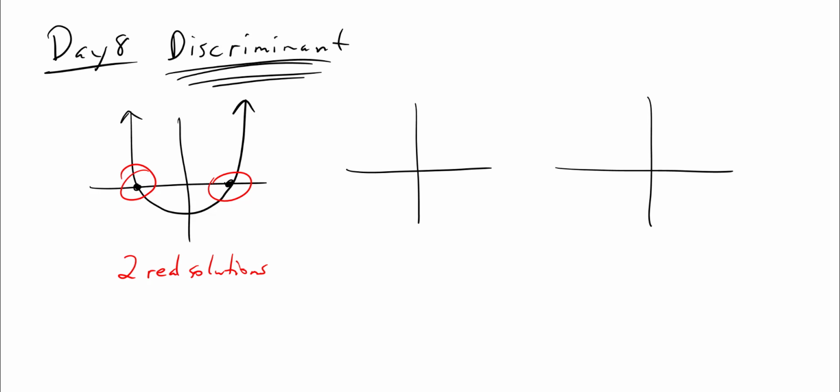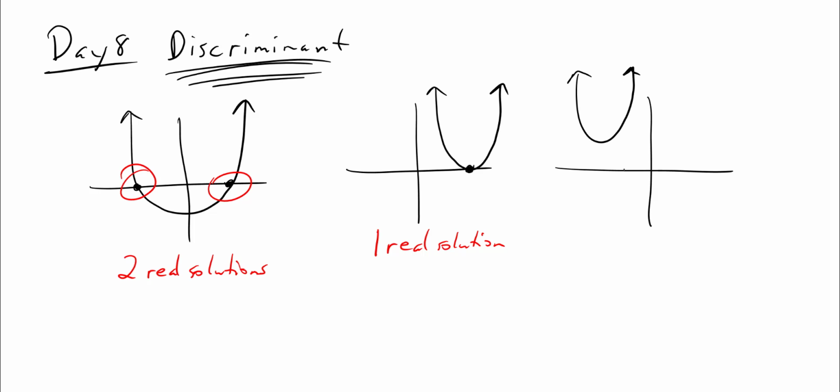Now, you could have a graph where it just hits the x-axis in one spot. Right here, just one place. With this one, we say we have one real solution. And then we have a problem where it doesn't cross; it goes above it.